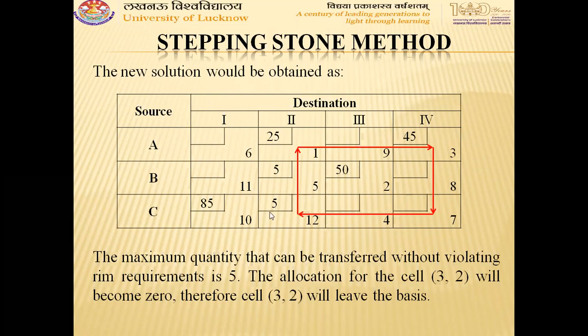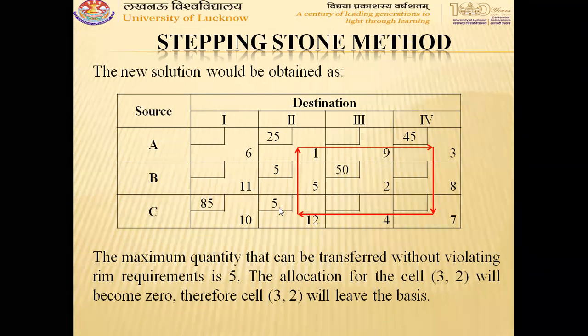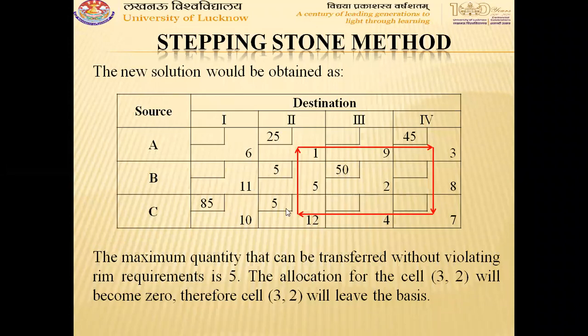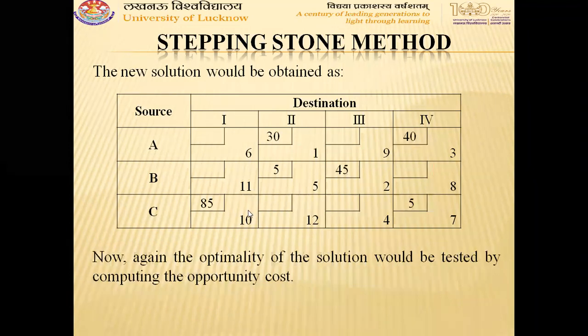So the allocation of this cell, that is 3 comma 2, would become 0 and other would remain positive. Here we would obtain 5, here 0, here 30 and here 40. So cell 3 comma 2 will leave the basis. Now we would get this solution.